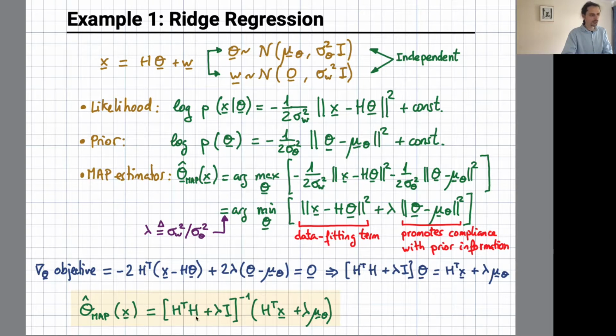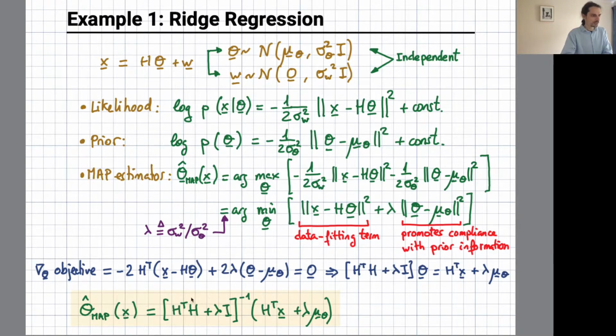We call that the identifiability condition, because otherwise H transpose H is not invertible, and we couldn't compute the least squares estimator.